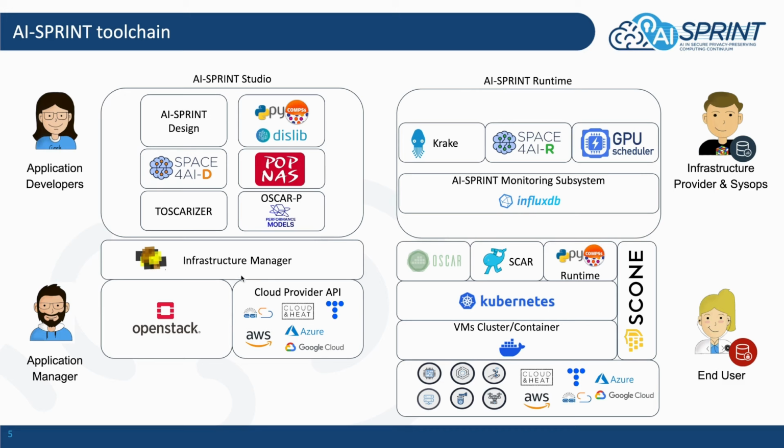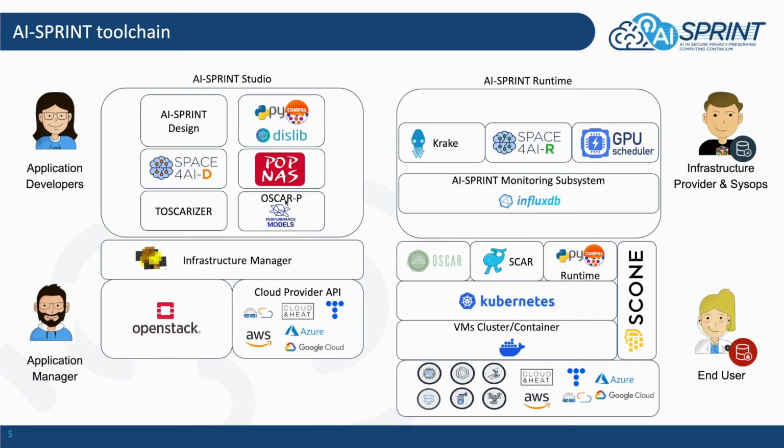The final goal is to provide solutions for selecting the most appropriate system configuration for executing the required application component, inference pipeline, for example, training jobs, to fulfill quality of service requirements while minimizing operational costs.